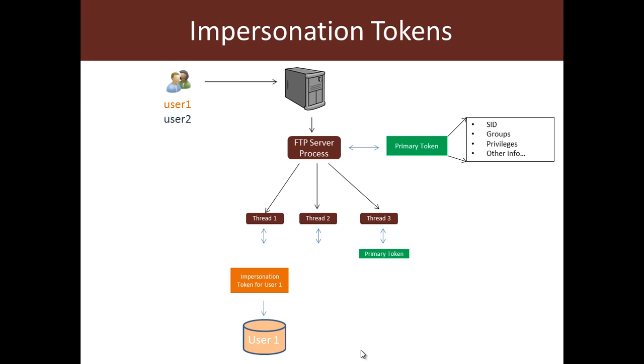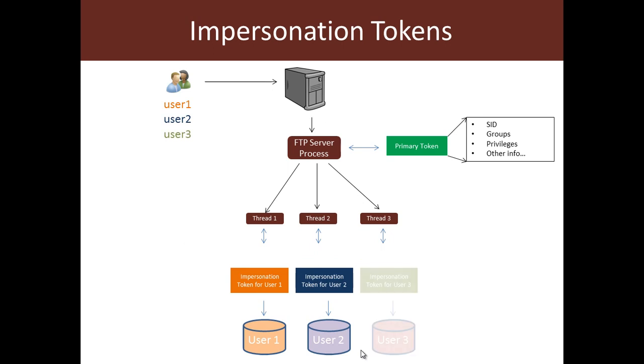Similarly, user 2 and user 3 would log in, and the different threads servicing them would obtain impersonation tokens using which they are able to access resources for all of these users. So very simply put, an impersonation token is a mechanism by which a process or a thread can temporarily assume the identity of some other user on the system, and this is different from the user creating the process.